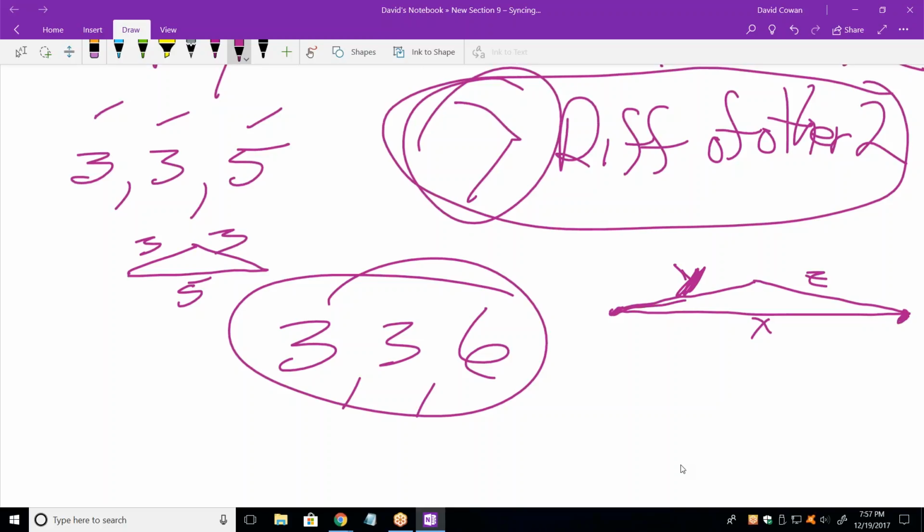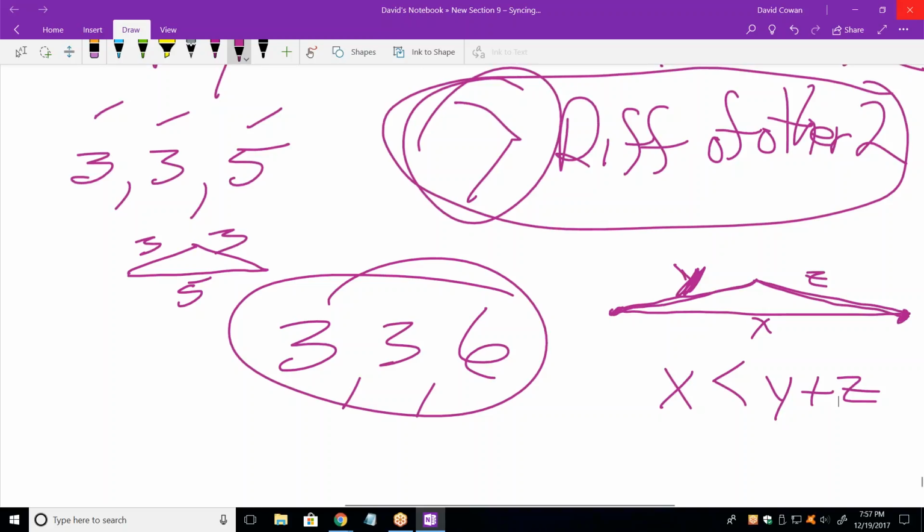Going to there and then there has to be greater than x, which means x has to be less than y plus z. And that's what the first statement of that theorem says, and all three sides have to satisfy it. But the main thing to memorize is that any side is less than the sum of the other two.